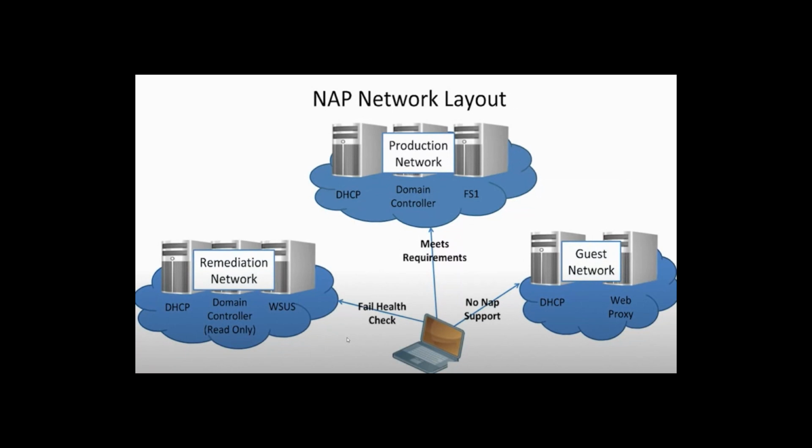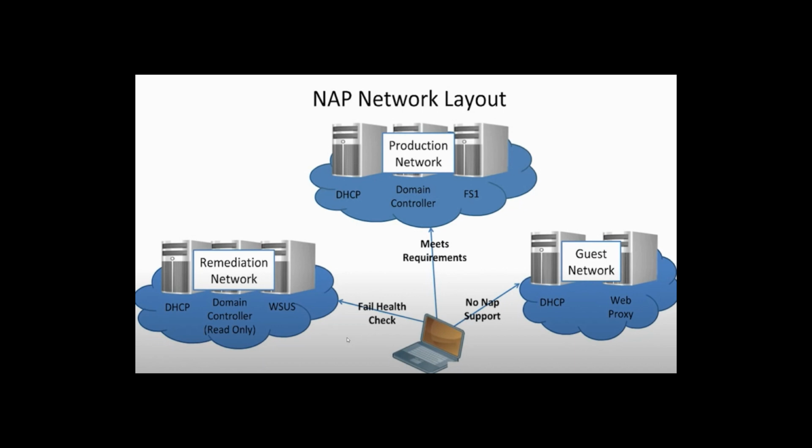In this figure, there's a NAP network layout, which means that if a client wants to access the production network, which is the real network, the one at the top, then they have to support NAP, and the NAP server or the NAP enforcement point should perform the health check for that client.